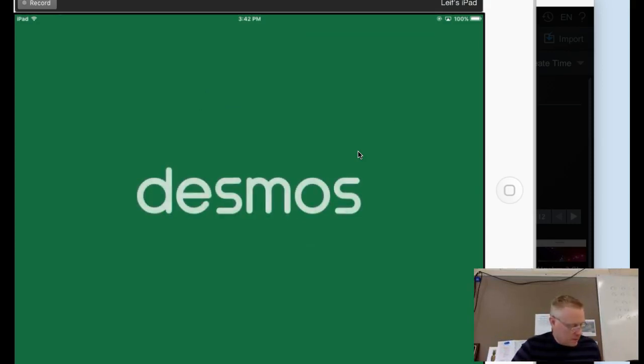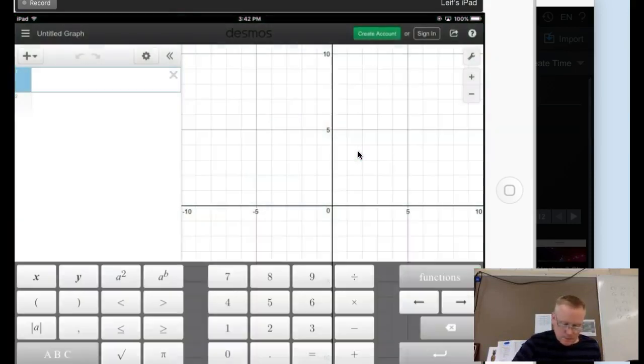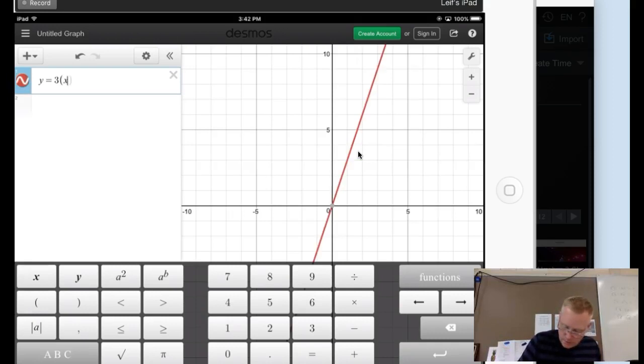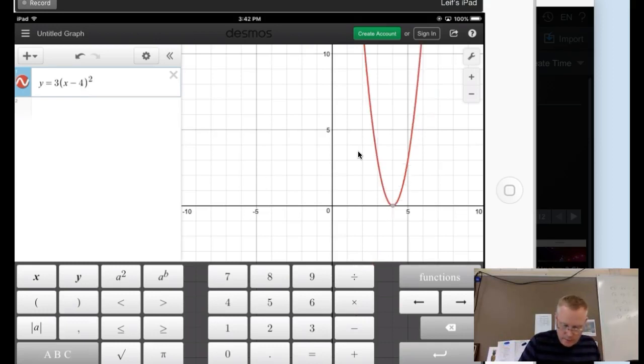So when I plug this in, this doesn't have an f of x button, so I'm going to use y equals 3 times parentheses x minus 4 end of parentheses to the second power, and then minus 2.